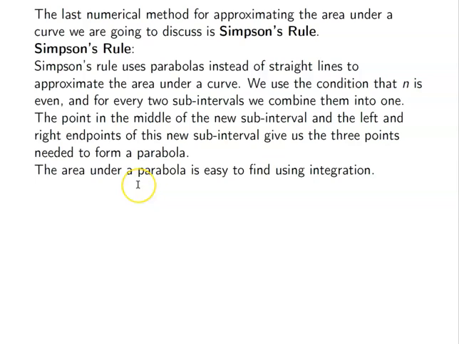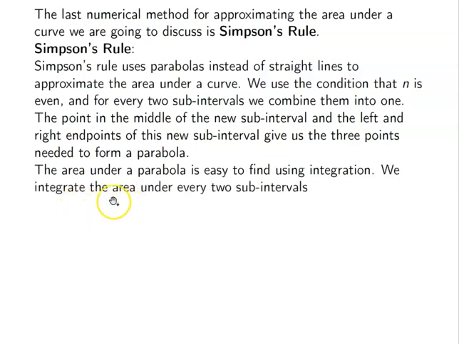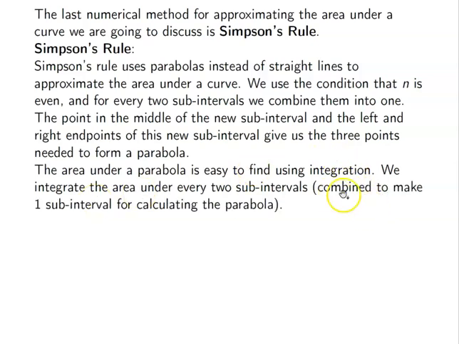Parabolas are easy to integrate, so it's easy to find the areas under the curve. So we integrate the area for every two subintervals, and we combine that to make one subinterval. If this is my graph, it'll be easier to see. I have my leftmost endpoint, I have the right endpoint, and then I have the endpoint for the next rectangle. So there are two rectangles here.